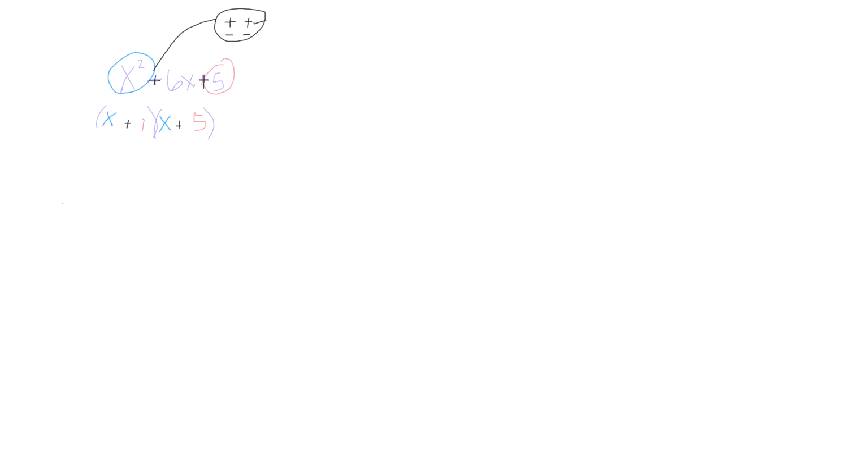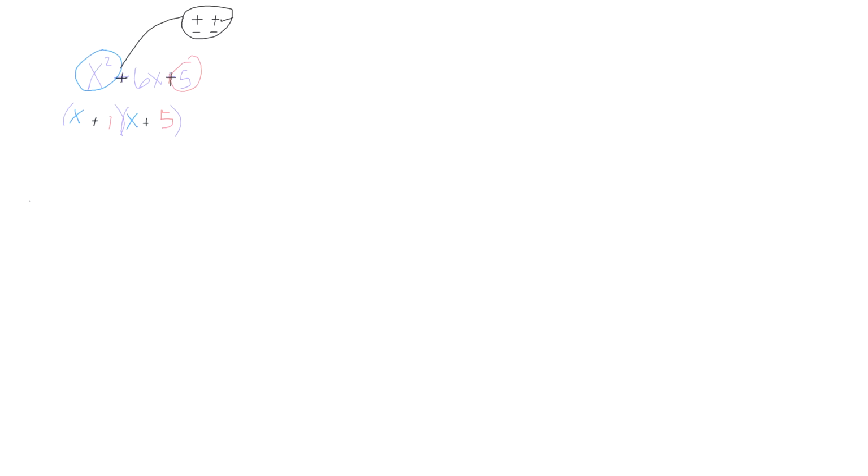So I'll check this. I know x times x gives me x squared, I'm good there. 1 times 5 is 5, I'm good here. The only thing that ever really gives me issues is the middle. So 1 times x is x.